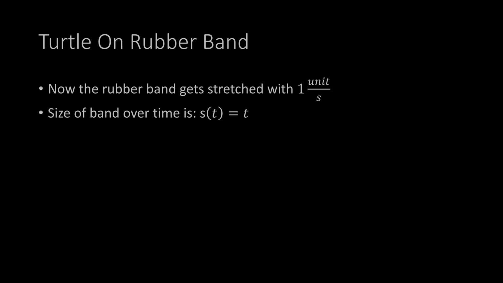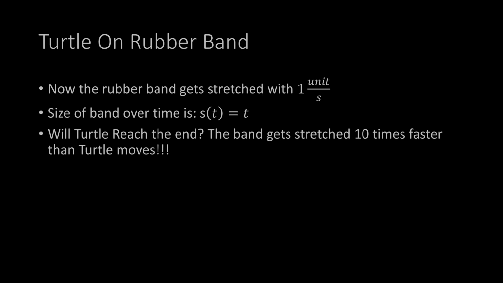So after 2 seconds it should be 3 long, after 3 seconds it should be 4 long, and so on. Well, it is a little mistake, but it shouldn't bother us too much in the presentation here. You guess what I mean. It's just 1 unit longer every second.